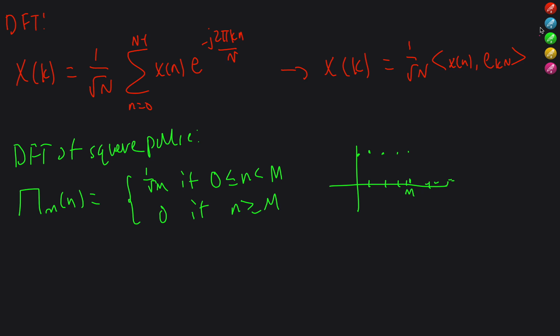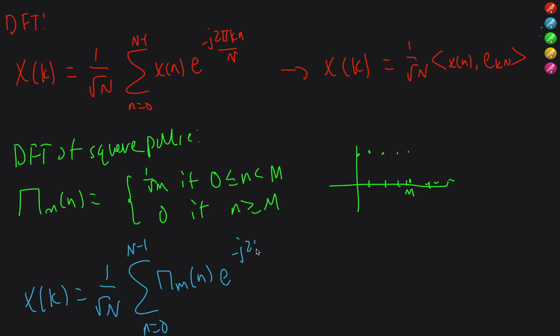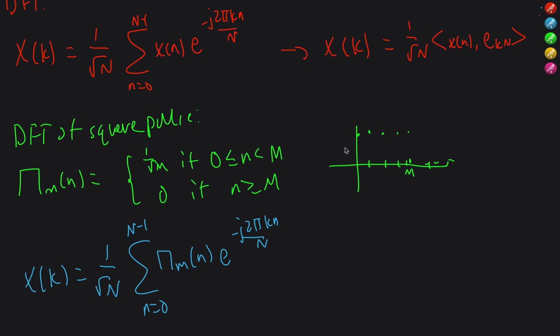So we literally plug in. X of k is going to be 1 over root N times the sum from n equals 0 to N minus 1 of our signal, the square pulse, times e to the minus j 2 pi k n over N. As we've commonly done with the square pulse before, like when we calculated its energy, we also had this kind of sum behavior.